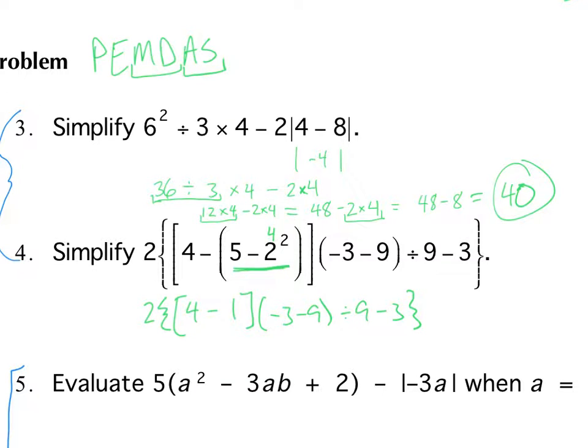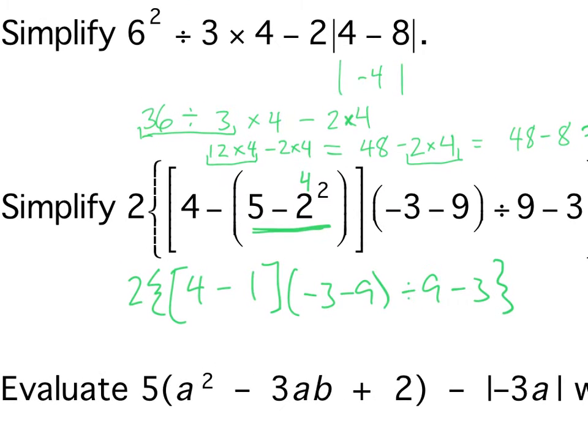Okay. Then I have a brace written here, but it's now on the same level as this parentheses. So I can do each of these parentheses now and simplify what's inside them. So 4 minus 1 simplifies to a 3. And then it needs to be multiplied by this next parentheses because there's nothing between the parentheses.